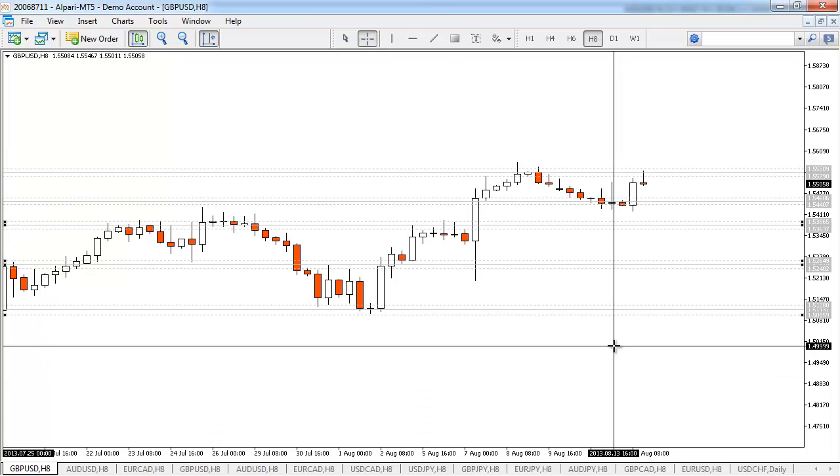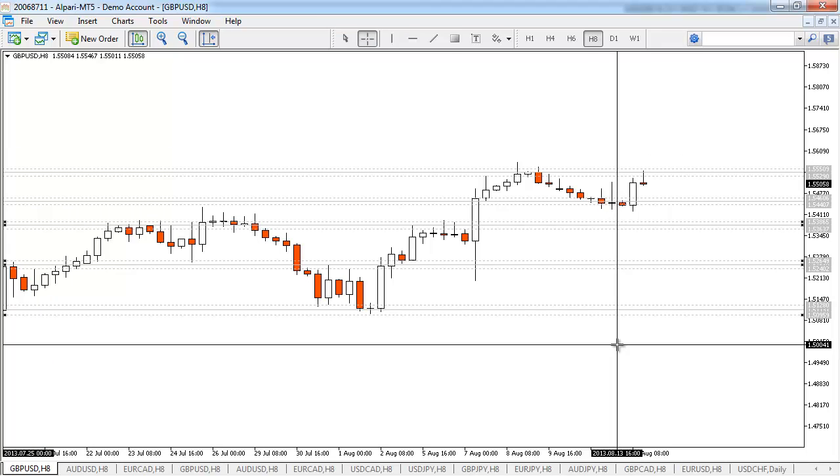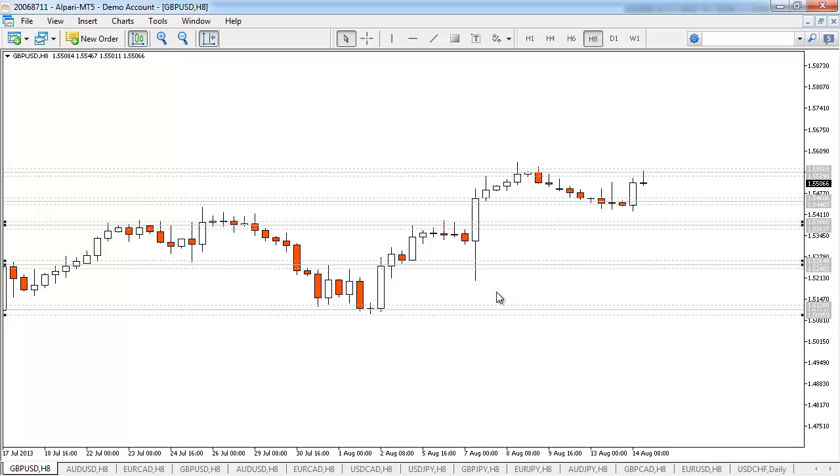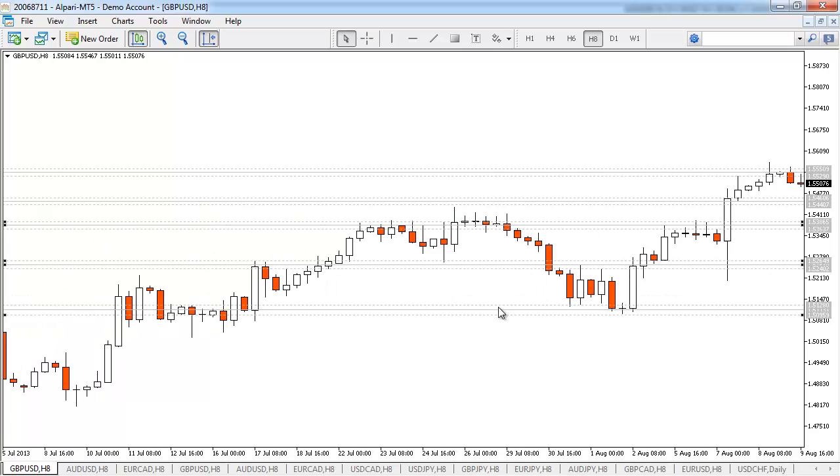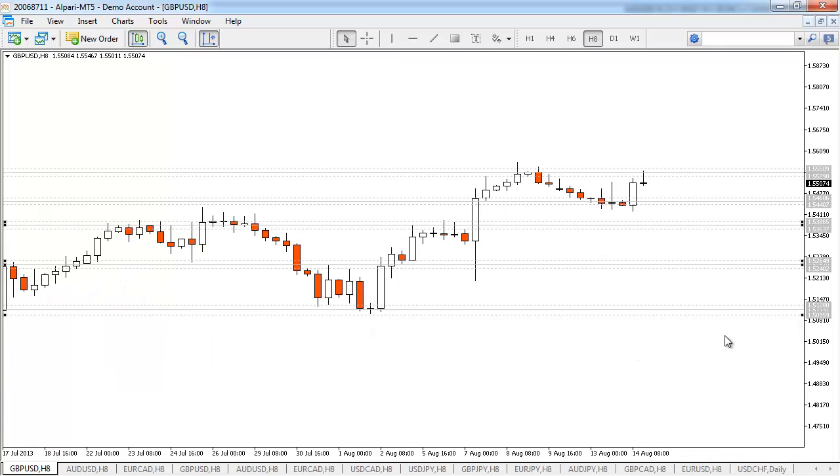A rounded number would be on this chart the 1.5000. That's a big rounded number, and buyers and sellers tend to group around those big rounded numbers. But I consider the ones I draw more important because they usually have a pretty long track record, and I'll usually find that the ones I draw form around those big rounded numbers anyway, so they usually coincide with those psychological levels.